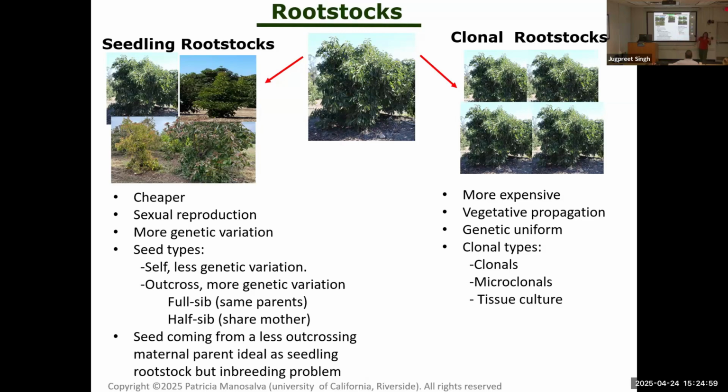And I will explain that later. There are different varieties, different rootstocks, and some of them can be completely self, have 100% selfing, and some of them can have 10% selfing. So if you want to use a rootstock for seedling, it's better to use something that has a low probability of outcrossing, which is possible to find in a avocado plant. You just need to look for it.